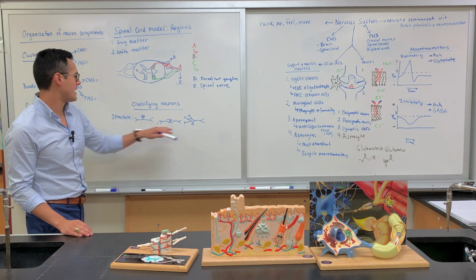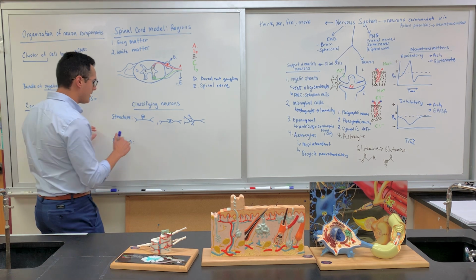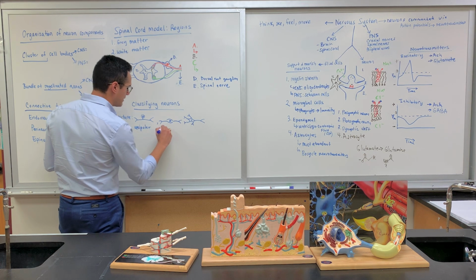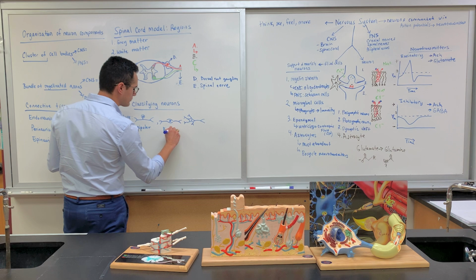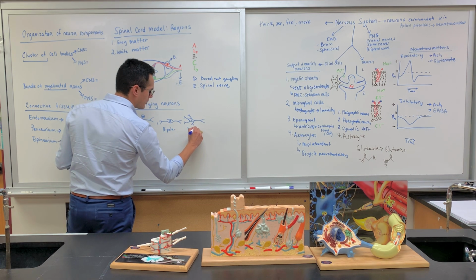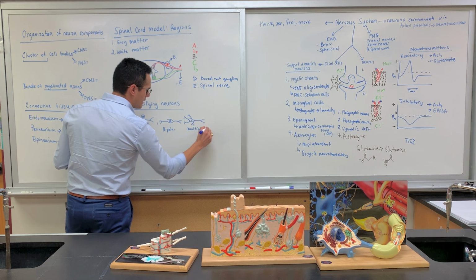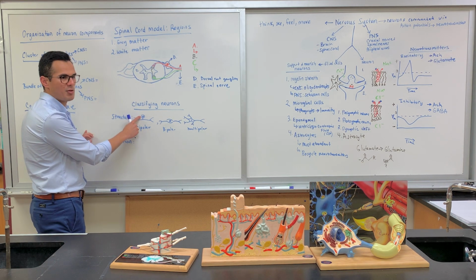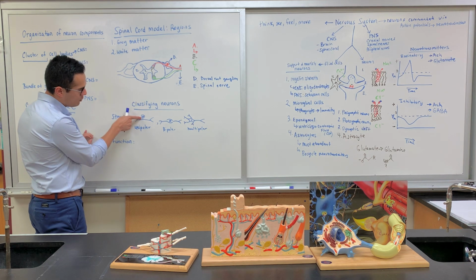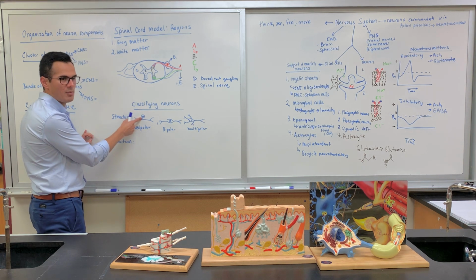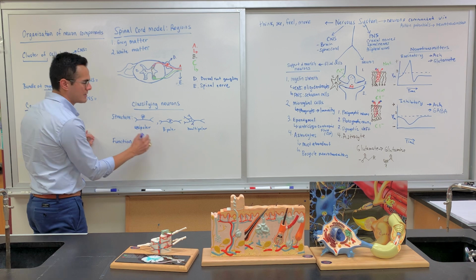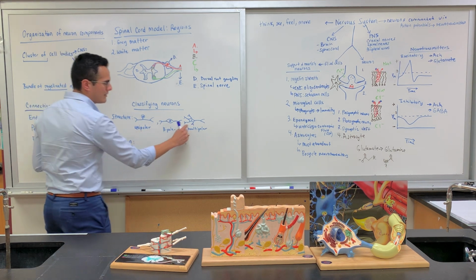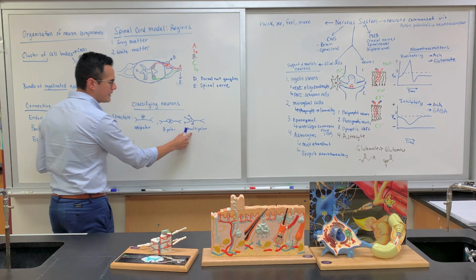The 3 main types for structure: this first one here is unipolar, this one is bipolar, and this is multipolar. We categorize them based off of what is coming off of the cell body. Because there's only one thing coming off of the cell body, we call this unipolar. Because there are 2 things coming off of the cell body here, we call it bipolar. If there are multiple things coming off, we call it multipolar.